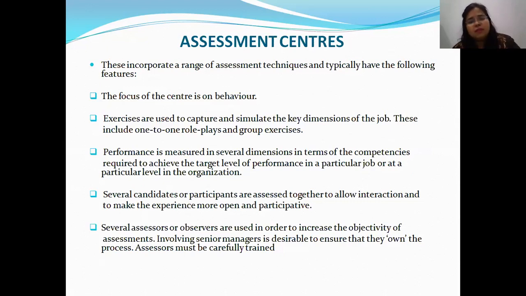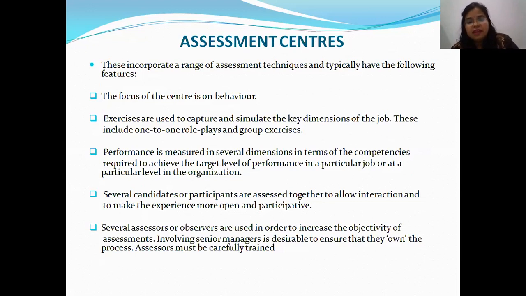Then performance is measured in different dimensions by giving the candidate different kinds of exercises, by putting the candidate into different types of situations. Several candidates or participants are assessed together to allow interaction, like some kind of GD, group discussions, and debates, which are conducted just to judge the candidate's capabilities and his responses.